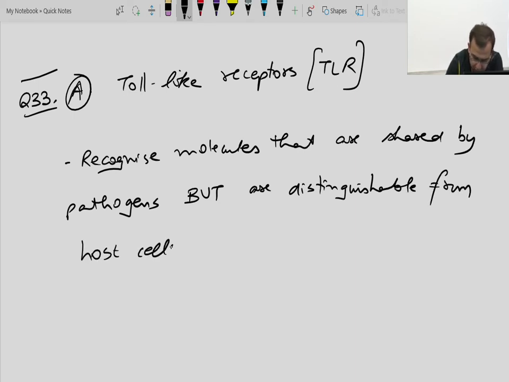First point, they help in the recognition of pathogens.